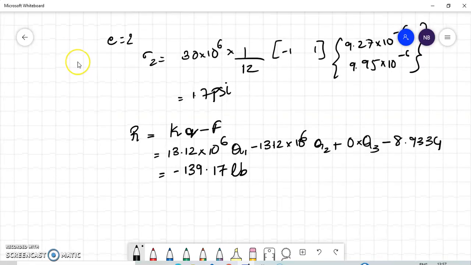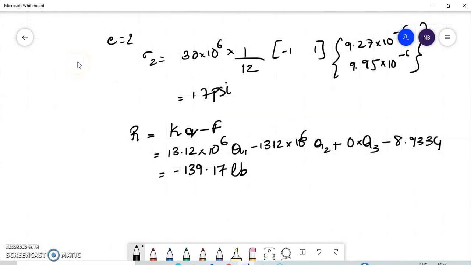This has to be equal and opposite in direction to the applied forces. So the negative sign indicates that the reaction is opposite. So first add all the forces that you are getting due to the applied loads and see if it is equal to this value 139.17.